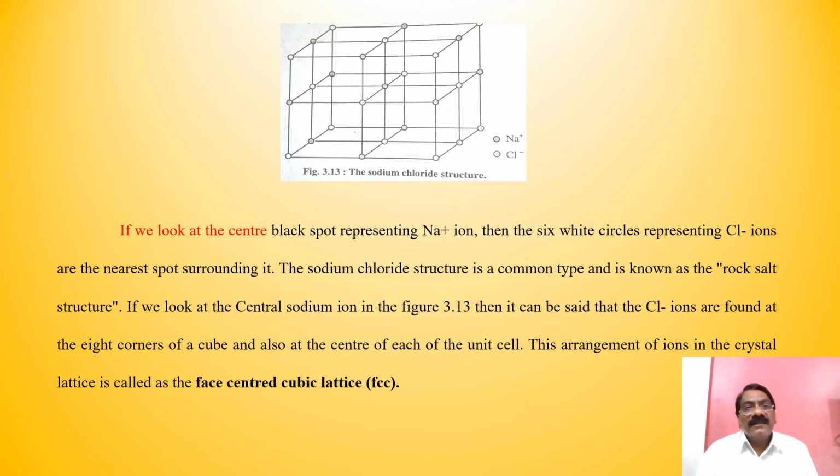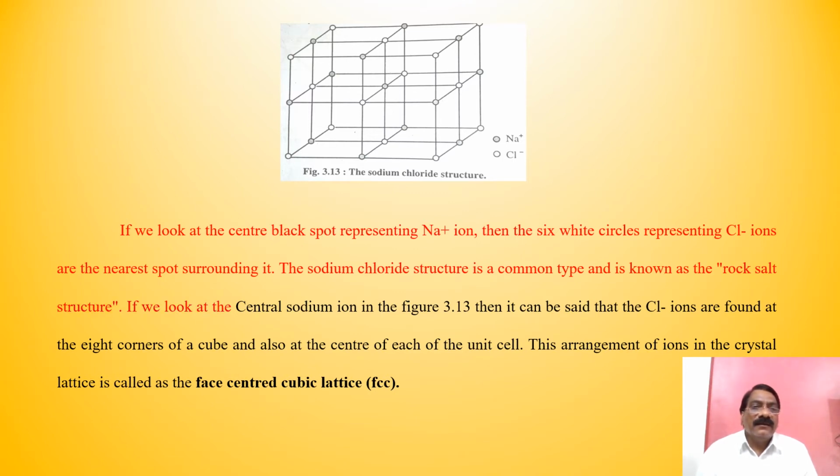If we look at the center black spot representing the Na+ ion, then 6 white circles representing Cl- ions are the nearest ions surrounding it. The sodium chloride structure is a common type and is known as rock salt structure.